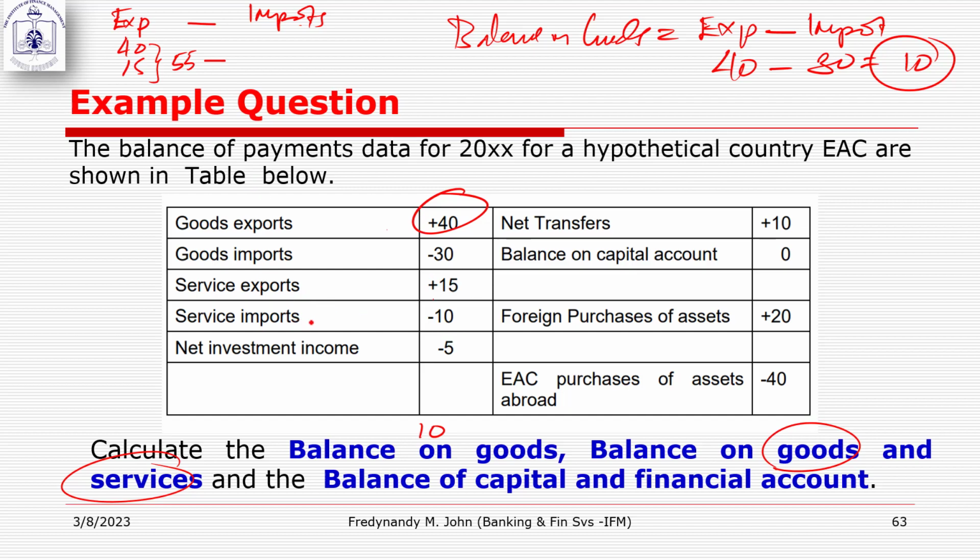Imports of services is 10 and imports of goods is 30. So here you're going to end up with 40. Now 55 minus 40 equals 15. Therefore, balance on goods and services equals 15.